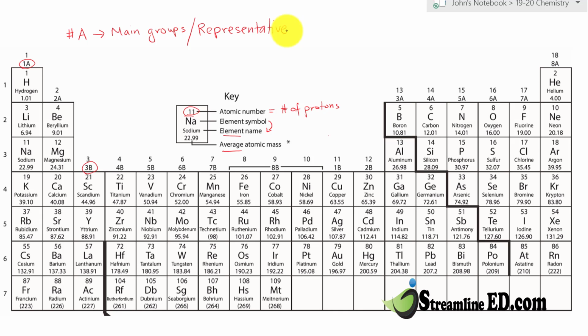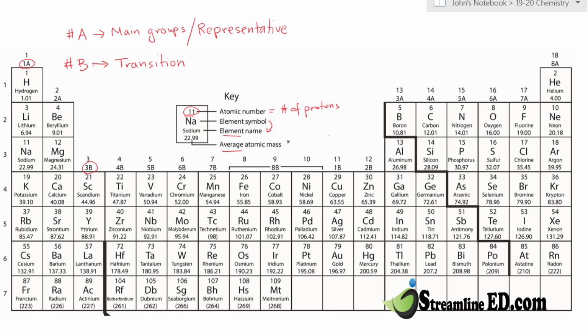And then the B groups represent the transition elements. In this lesson, we are going to focus on the main groups, or the representative groups, because each one of them has very unique chemical properties as well as physical properties.